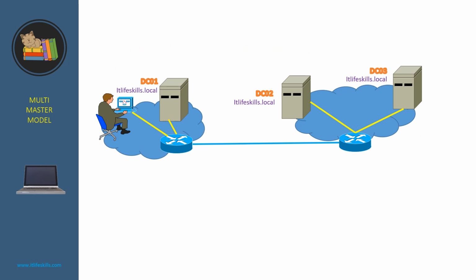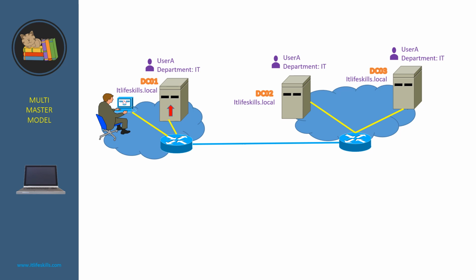For example, he logged into DC01 and creates a new user object with the username as user A and the department as IT. As soon as the user A's object is created, Active Directory on DC01 detects the change and replicates the user A object to DC02 and DC03 based on the replication schedule set on DC01.